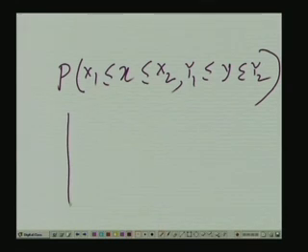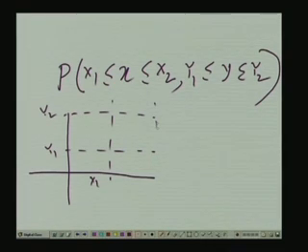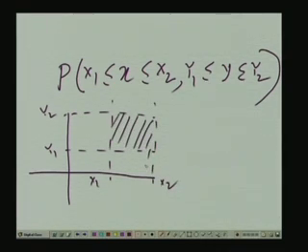If I draw the 2D plane, if this is y2, this is y1, if this is x1, if this is x2, then this is the region. This probability means what is the probability of the xy pair falling within this region.